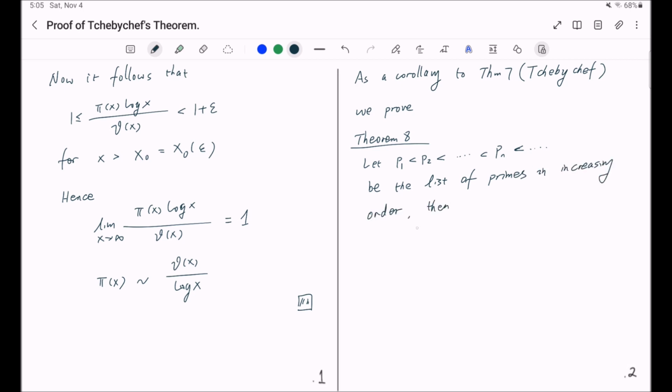Then what is the size of the nth prime in this list? Tchebyshev theorem will tell us the size of the nth prime will be roughly n times log of n. And now let's prove this.